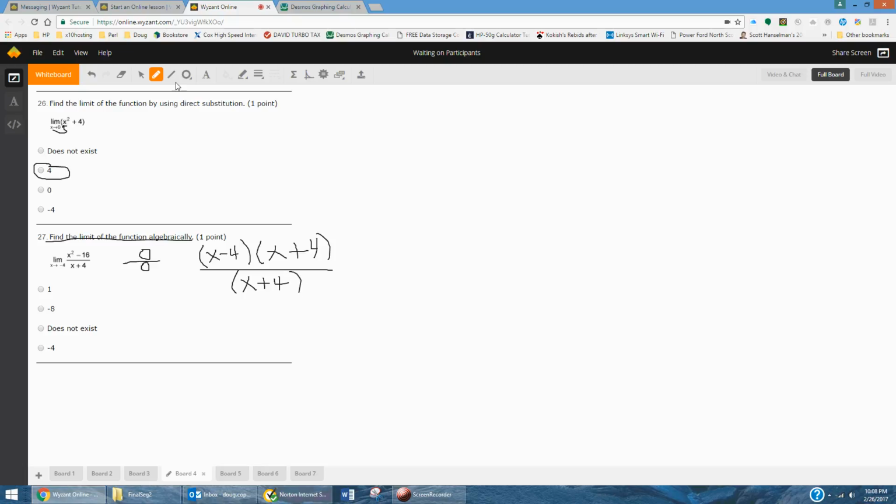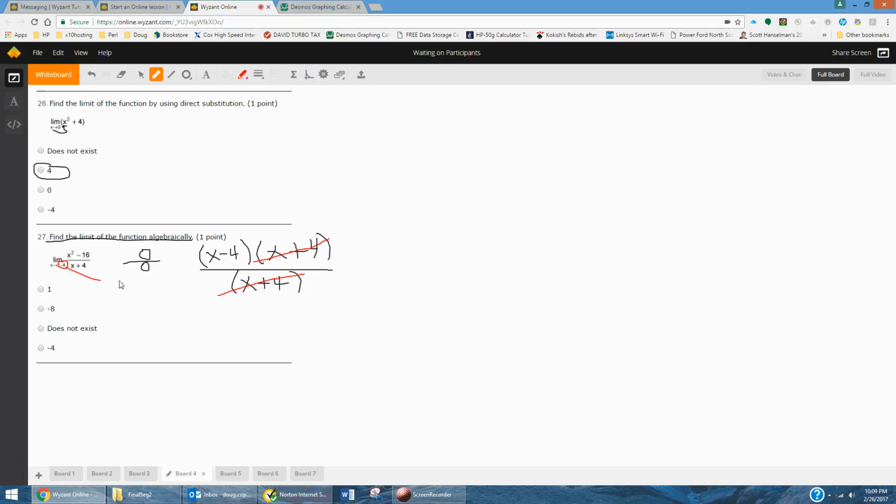And now the fact is, as x gets close to negative 4, but not equal to negative 4, these cancel out. So now I can try direct substitution.